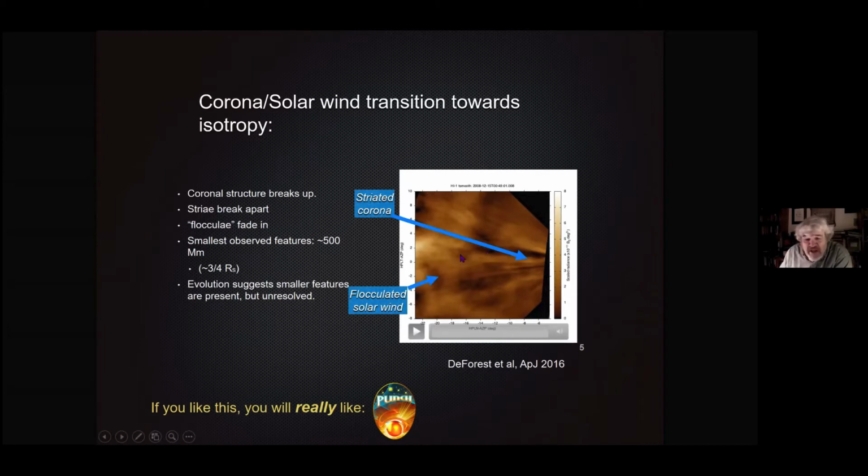Excellent. I mean, the finest scale, the pixel scale in this image, I think, if I remember correctly, is a few gigameters, which is maybe slightly larger than the estimated correlation scale of the turbulence. So you're actually seeing very large structures, larger than the nominal correlation length.